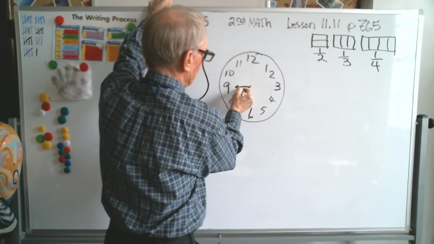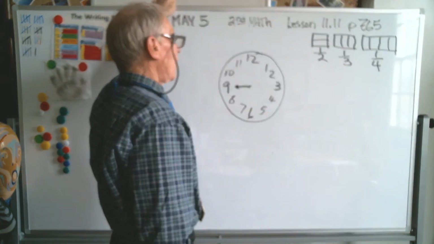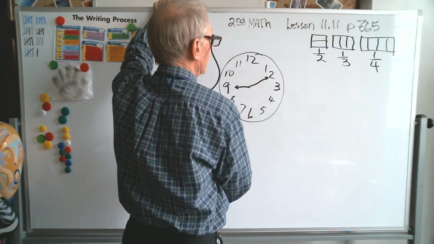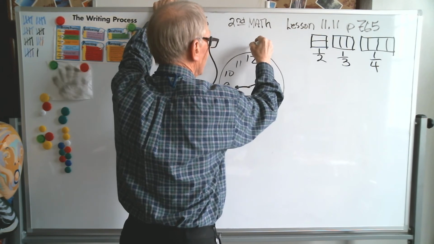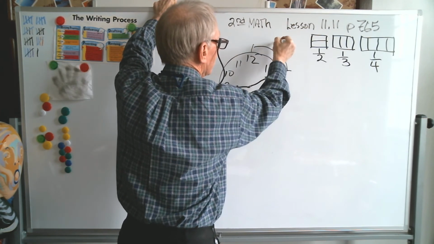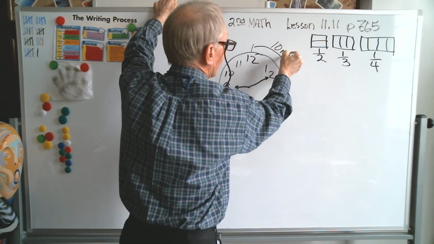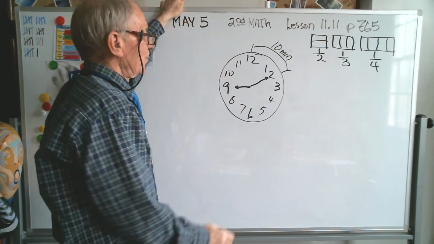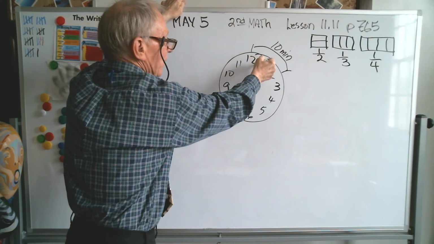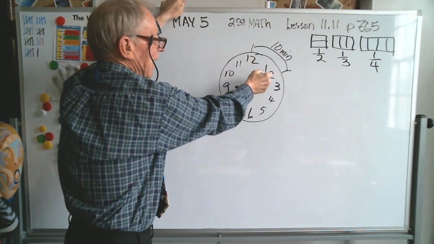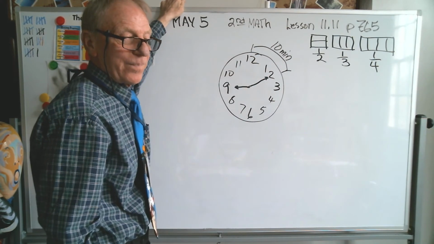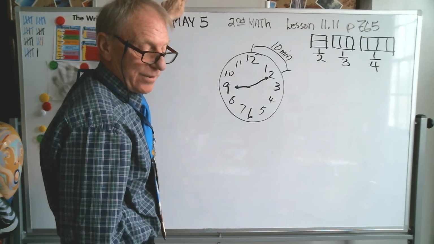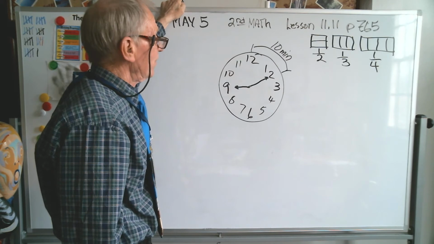So 9 is your hour, that's the small hand. And the long hand is 10 minutes. So each number represents 5 minutes, so the big hand's going to be on the 2. So what's another way that you can write 10 minutes after 9.